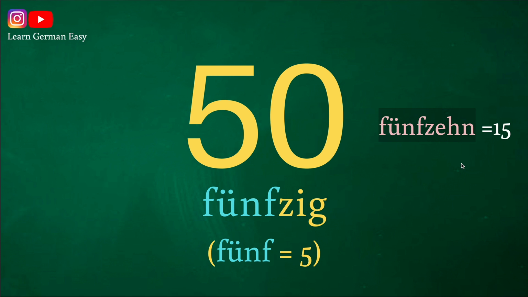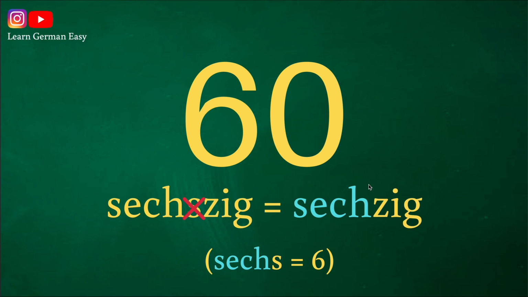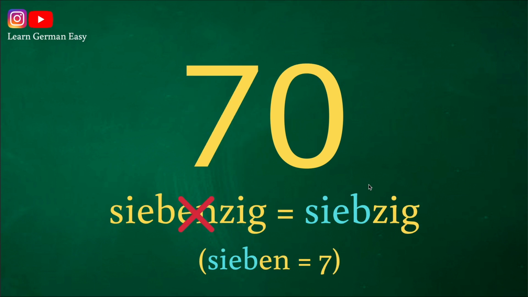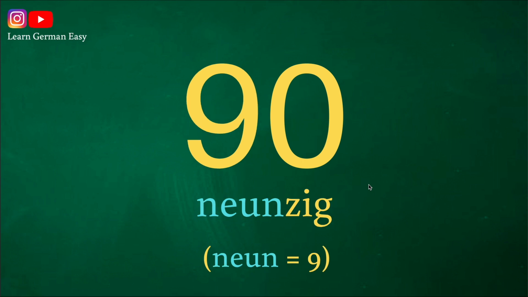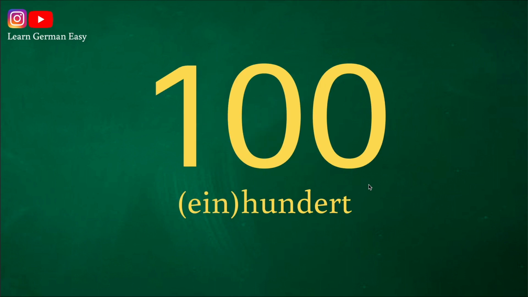Do not confuse the both. 50 is fünfzig. 15 is fünfzehn. 60 is sechzig. 70 is siebzig. 80 is achtzig. 90 is neunzig. And for the number 100, you can either say einhundert or just hundert.